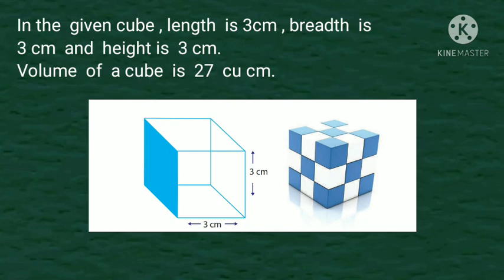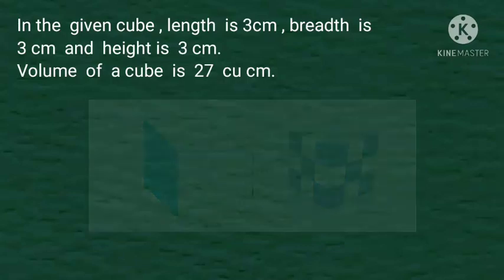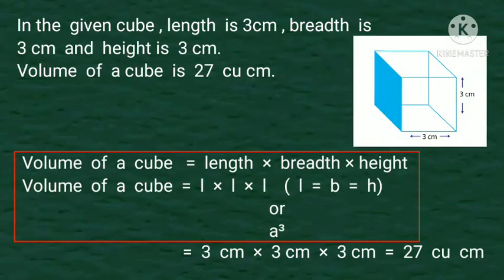Volume of a cube formula is length into breadth into height. That is equal to L into L into L, since length is equal to breadth is equal to height. Or volume of a cube is equal to side into side into side.